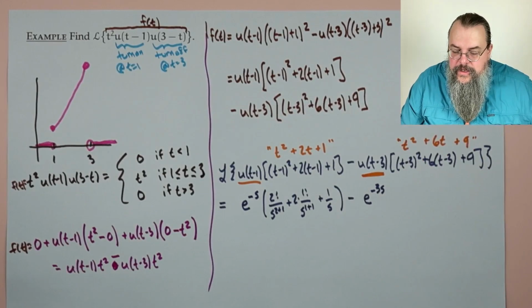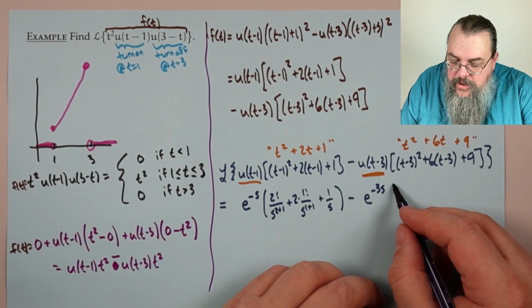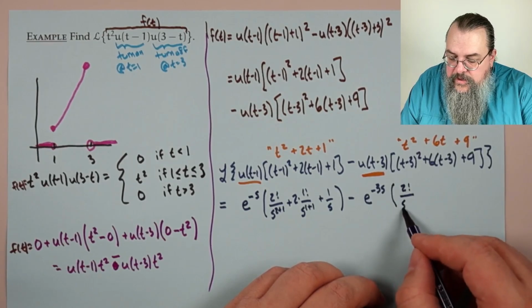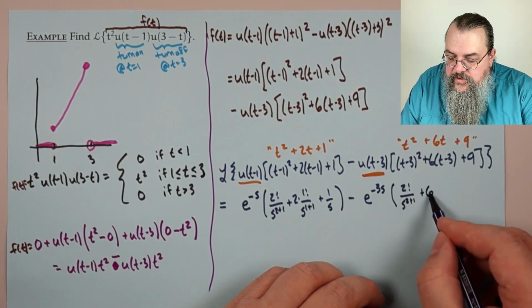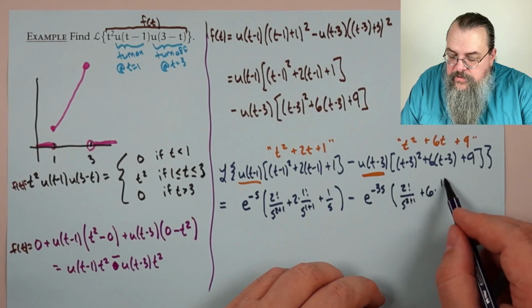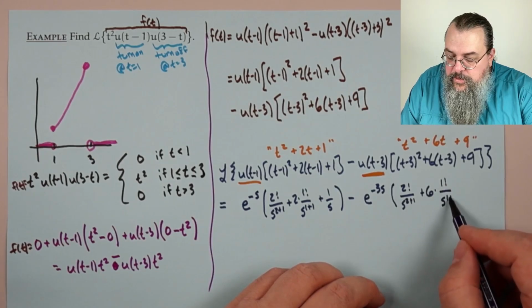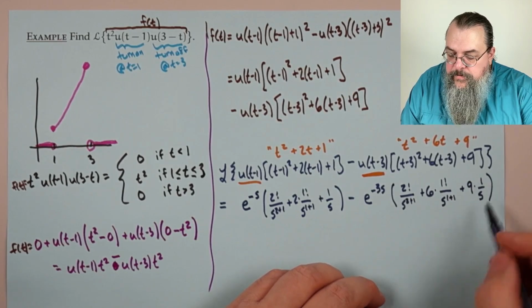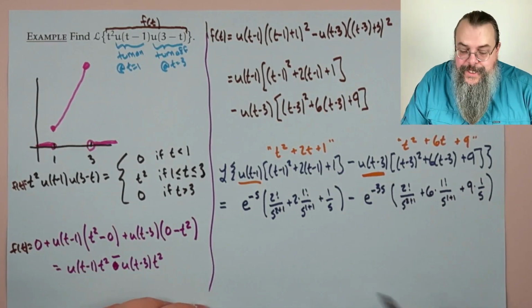So, what do we have? Well, t squared gives 2 factorial over s to the 2 plus 1, plus 6t gives 1 factorial over s to the 1 plus 1, plus 9 gives 1 over s. And we're essentially done.